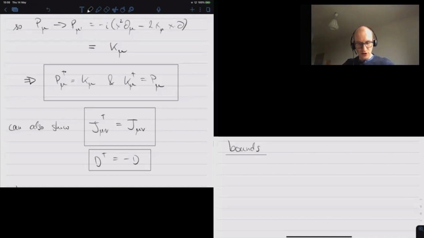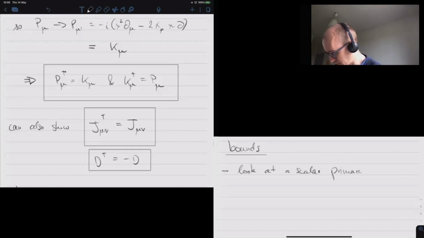So good. So let's look at a scalar primary state. Let me call it delta. This is the state that I get by acting with an operator O delta, primary at the origin, on the CFT vacuum.